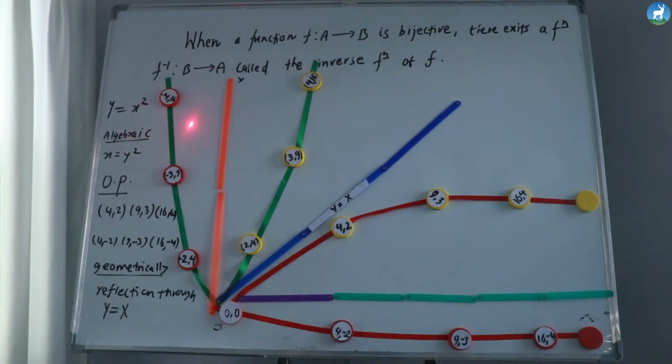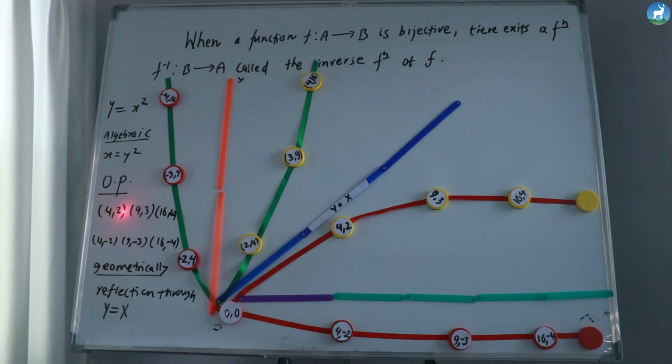Let's move on to the invertible nature of quadratic functions and start off with an example of y equals x squared. Going to the algebraic process, here we are going to reverse the roles of x and y as done previously and find the inverse to be x equals y squared.